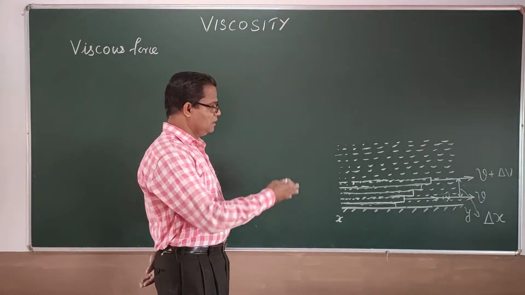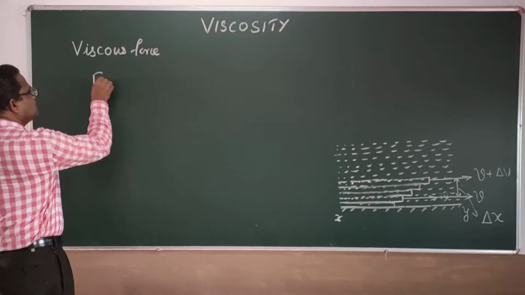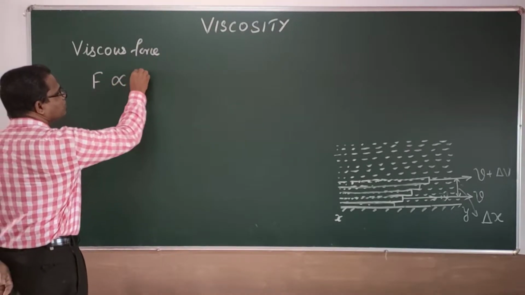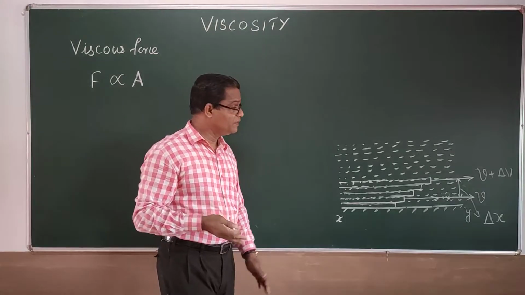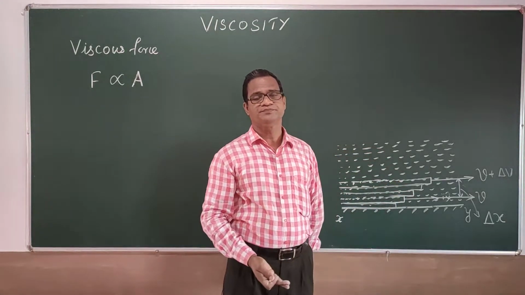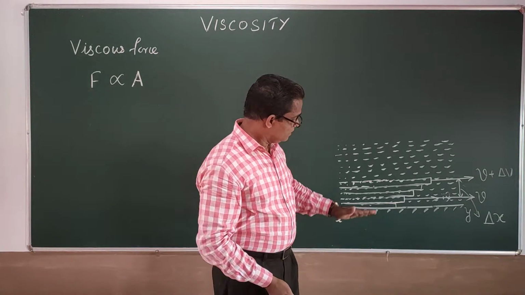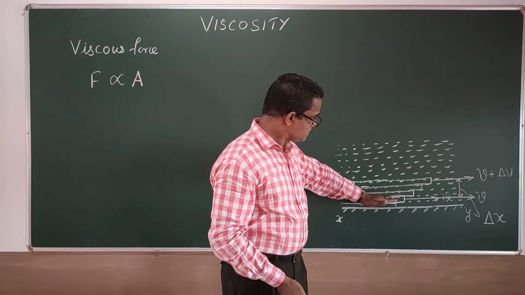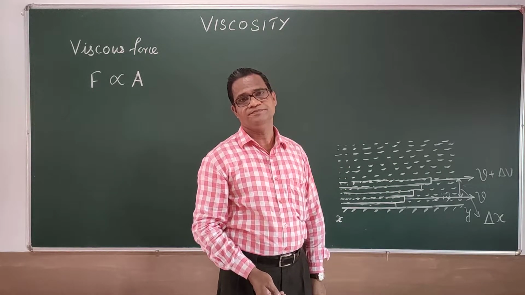Then, as we observe, the viscous force F is found to be directly proportional to the surface area of the liquids in contact. See, though these layers are far separated, they are in contact only, they are not getting separated.